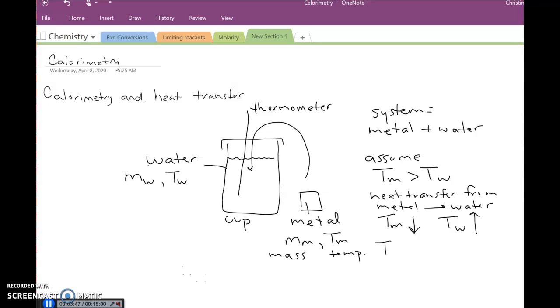So therefore, the temperature of our metal is greater than the final temperature, which is greater than the temperature of our water. The metal is hotter, it's going to transfer energy to the water. The water is cooler, it's going to gain energy from the metal. And we're going to end up with a temperature in the middle.